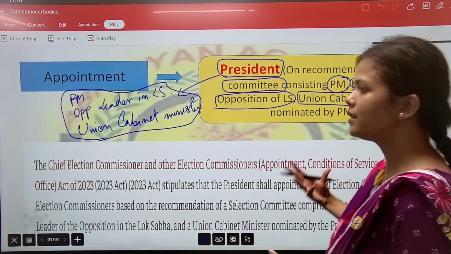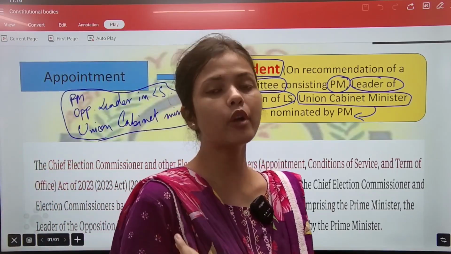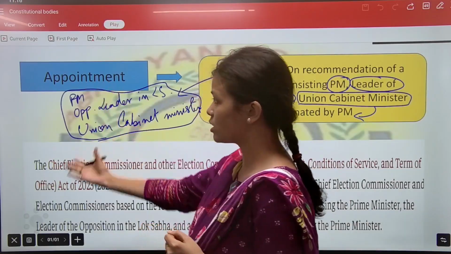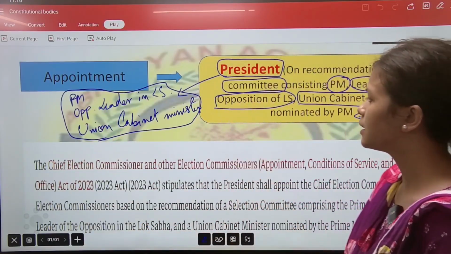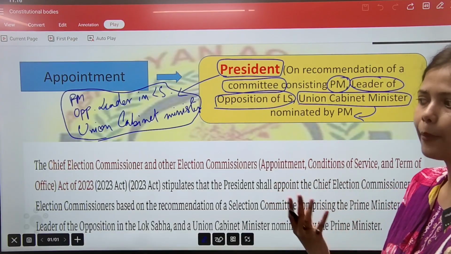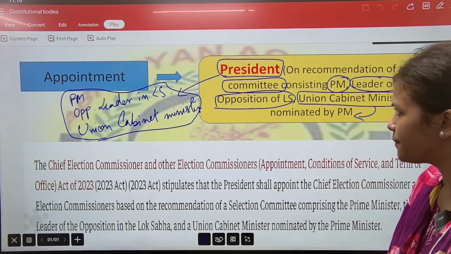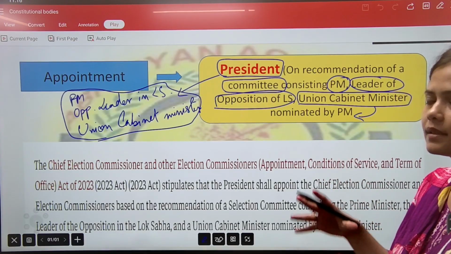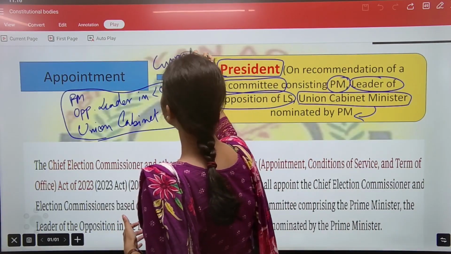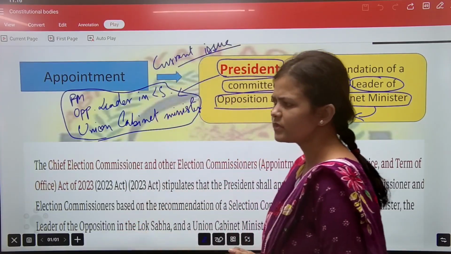See, that's why the current issue is going on regarding the appointment process of Chief Election Commissioner. The government has the majority here, making it a very biased appointment process. Why?